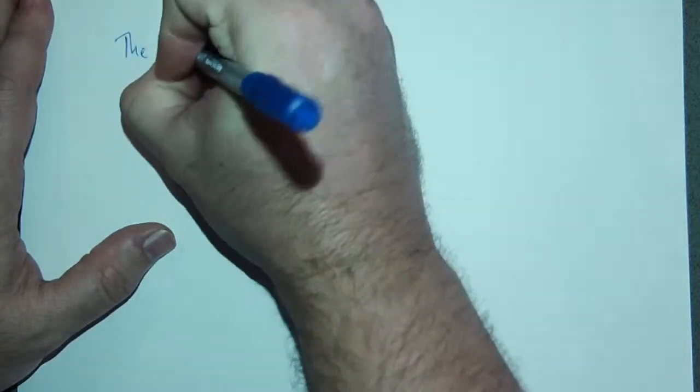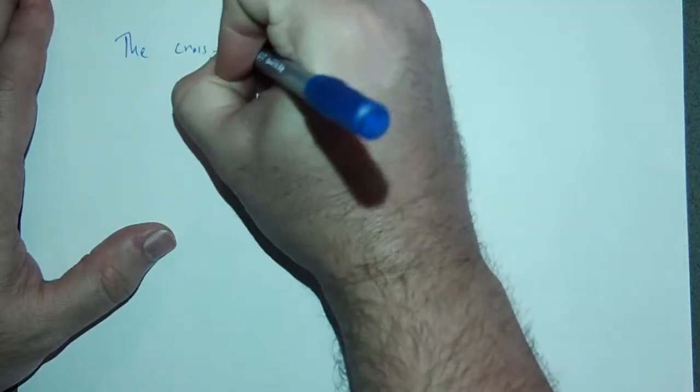This is the cross ratio, and I can't possibly overstate its importance to us, or really to geometry. This is an extremely important thing.